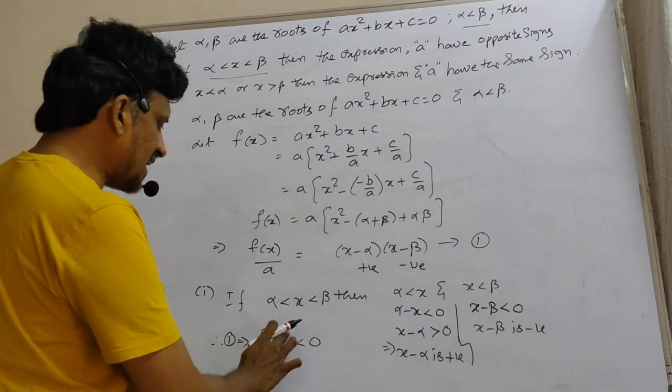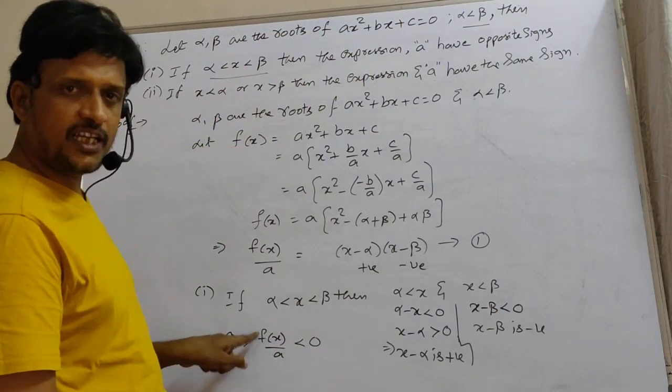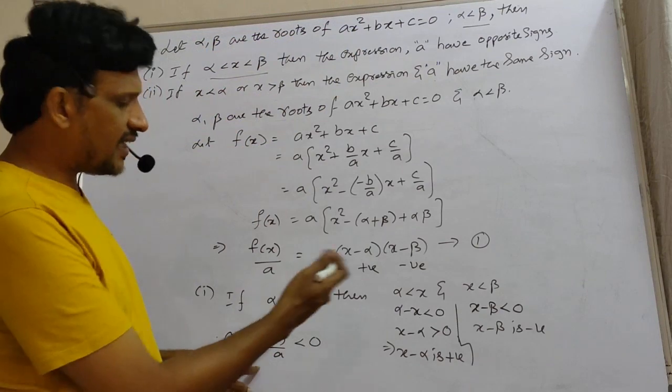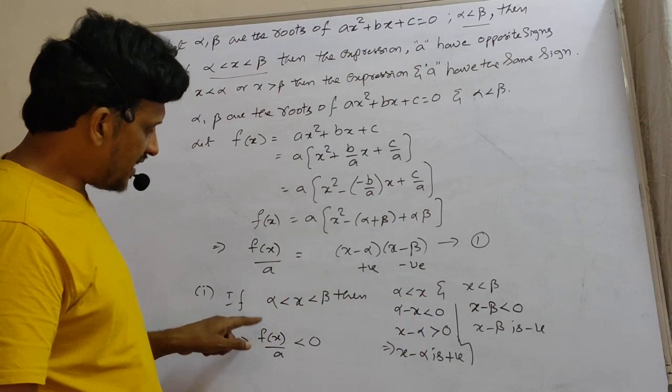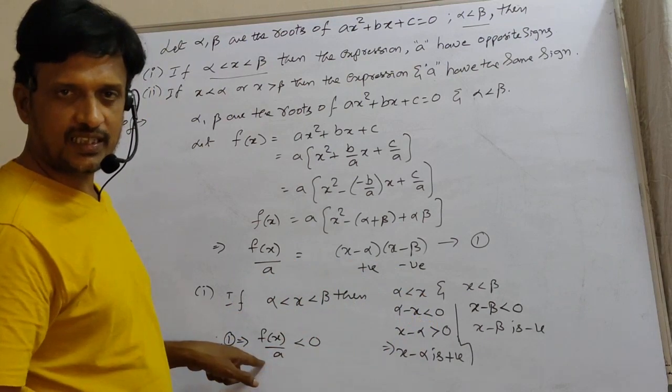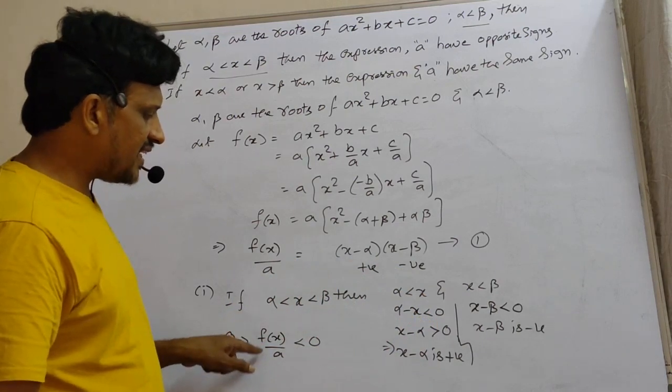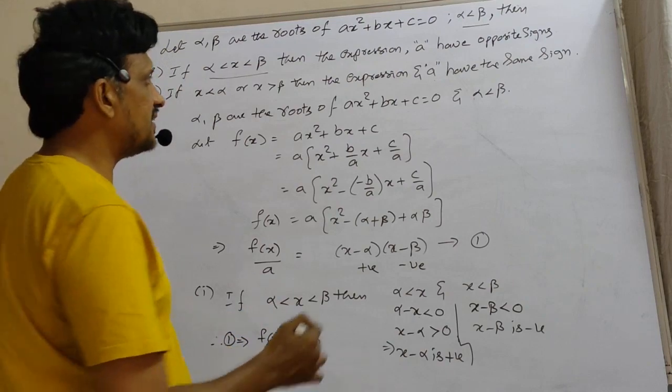That means f of x and a: if f of x is positive, then a should be negative, then only the fraction will be negative. Similarly, if f of x is negative, then a should be positive to get the negative result. That is why f of x and a have opposite signs.